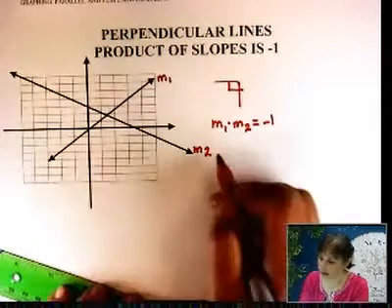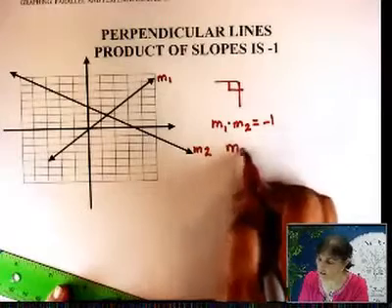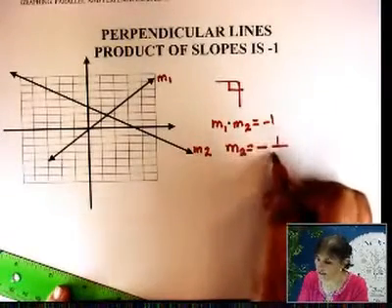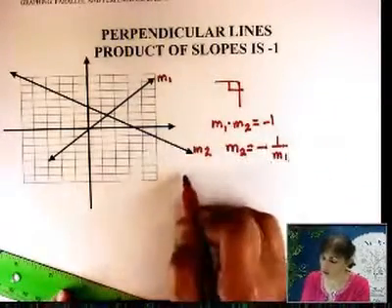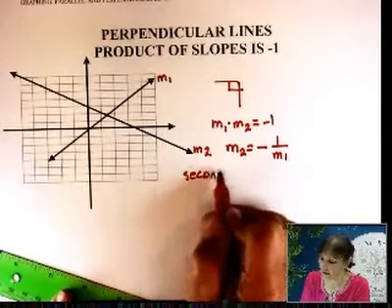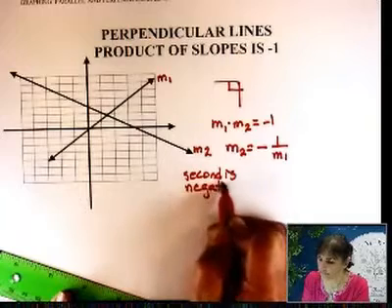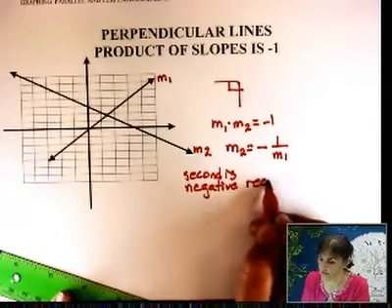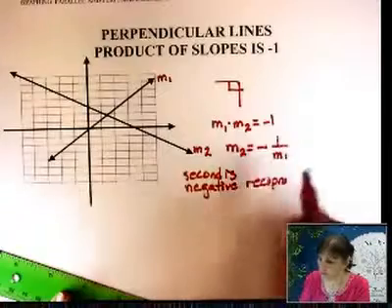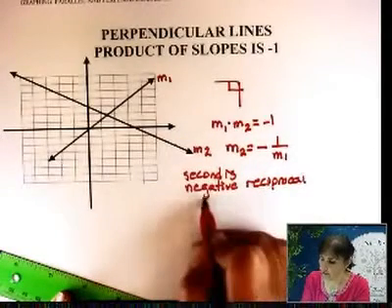Or you can think of it as the second slope is the negative reciprocal of the first. Reciprocal means flip over.